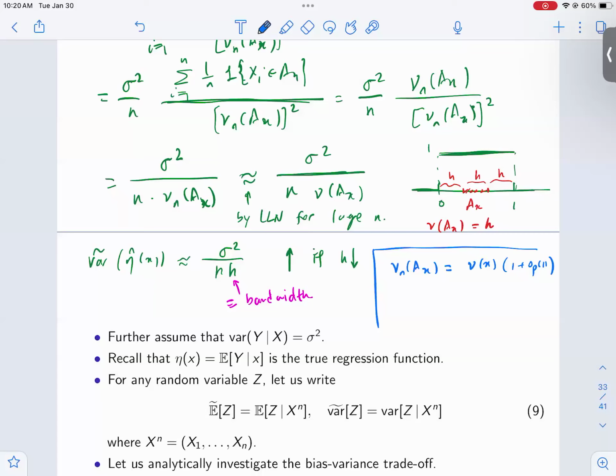So in the end, you can say that this quantity is sigma squared over nh. The first order is of this order, and then there's something else. If I divide this by this quantity, it's going to go to one. But as a whole, it's still going to go to zero. This is saying the first order: this quantity is this. So the best way to think of it is that dividing this by that equals one.